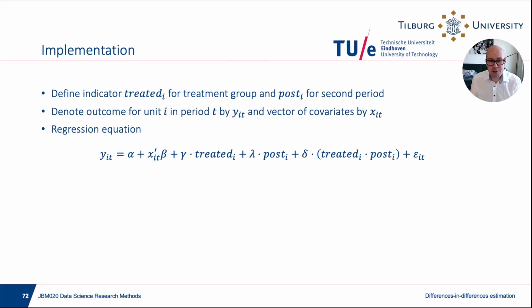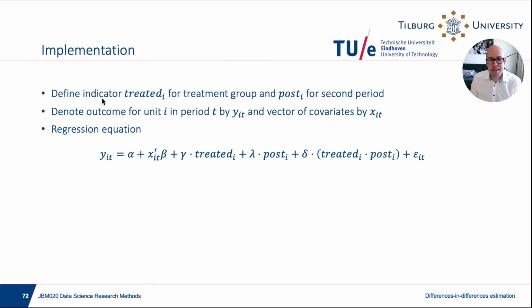And the advantage is that then I will be able to do inference directly, because I'm going to get standard errors, and I can do a statistical test, right? And if I specify the regression equation in the right way, I can basically read off the output table what my treatment effect is, and I'm going to get confidence intervals and standard errors for that. So how do we do that?